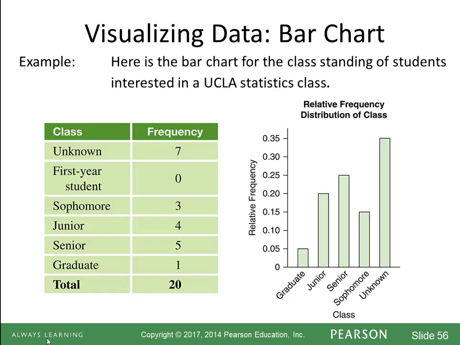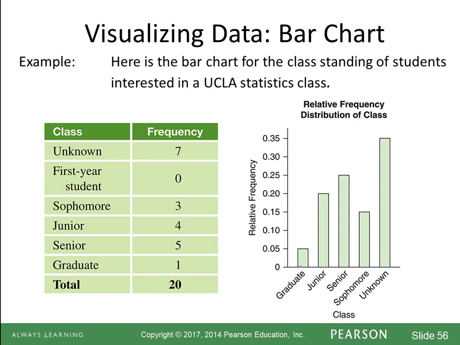So here we go. We've got first year students, sophomores, juniors, seniors, and graduate students. And we're going to look at those. So there's really no rhyme nor reason for how we did this, except I'm not sure why we left off first year students here. Oh, because there aren't any. So we don't have to put anything there.